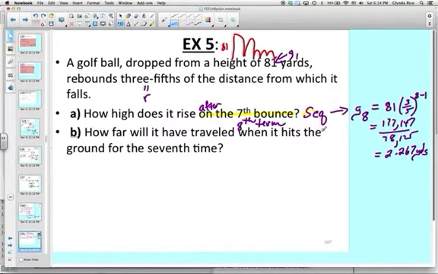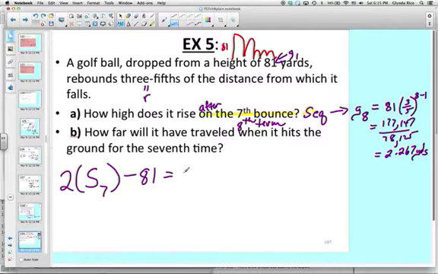How far will it have traveled when it hits the ground for the 7th time? Now, when it hits for the 7th time, remember that's the 7th term. So we can do S sub 7. But we have to go 2 times that minus the first term, which in this case is 81.